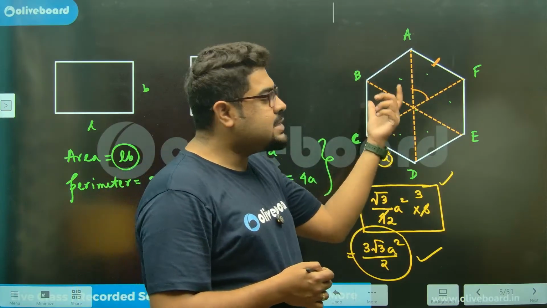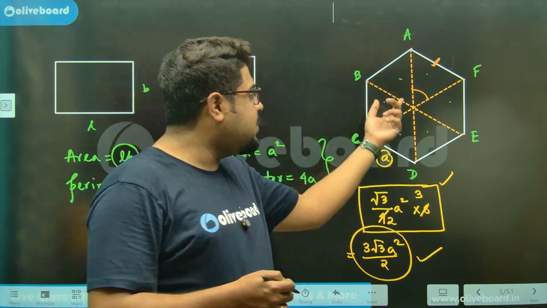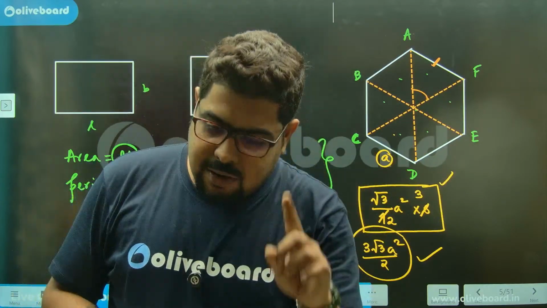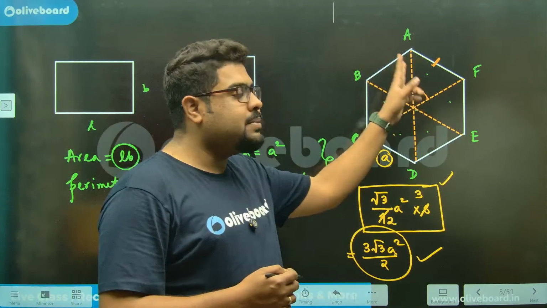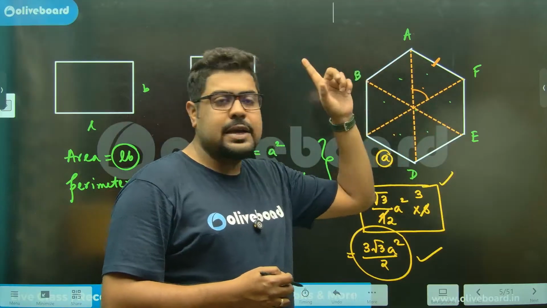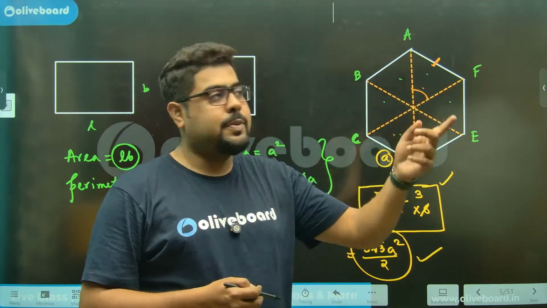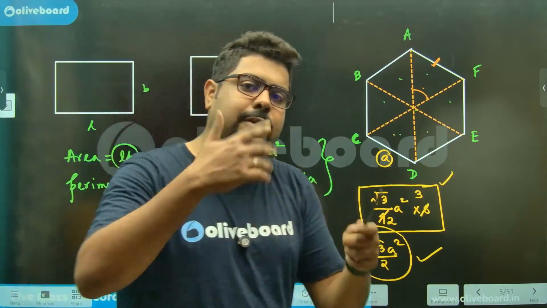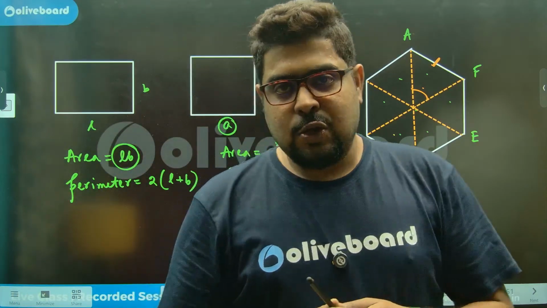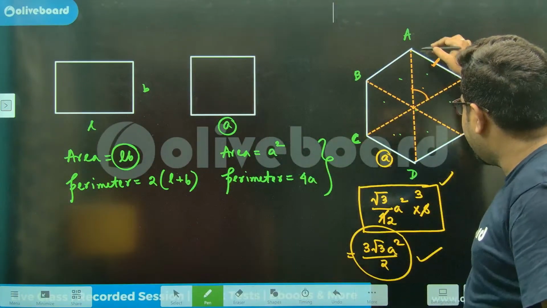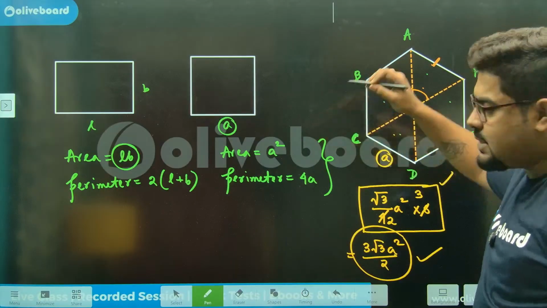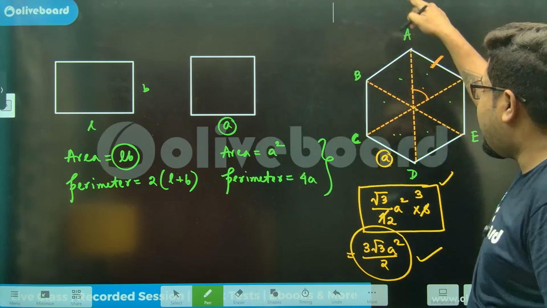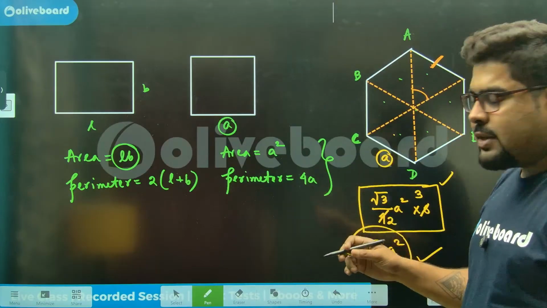So these triangles, instead of becoming equilateral, will become isosceles, because for these triangles to become equilateral this angle must be 60 degrees, which it cannot be if it is not a hexagon. So in octagon, it will automatically become isosceles. But for every base, I need a triangle. Every base of this triangle will be one side of the polygon.